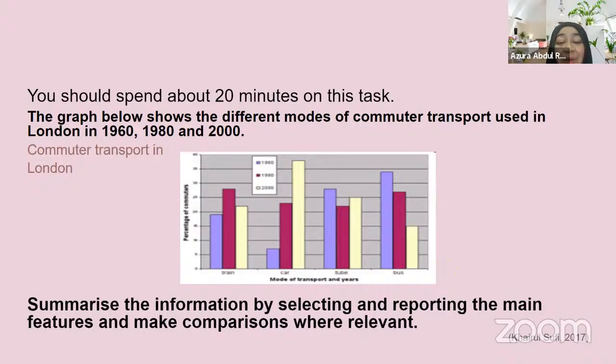You can also choose train or tube as well, but both of these had more of a fluctuating trend. In 1960, under 20% of commuters used the train, but this number increased slightly to approximately 27% in 1980, before it dropped slightly to approximately 22% in the year 2000.